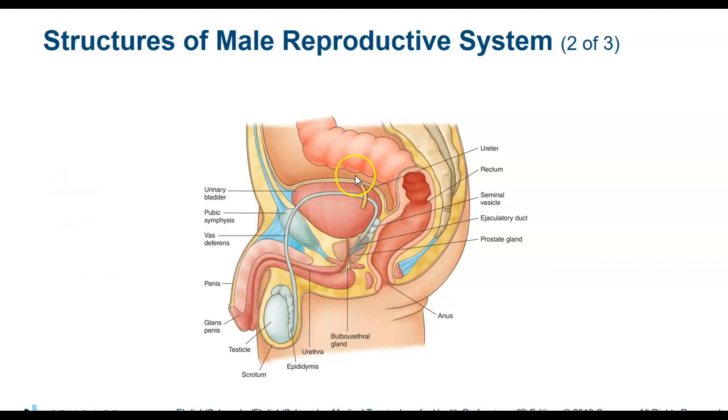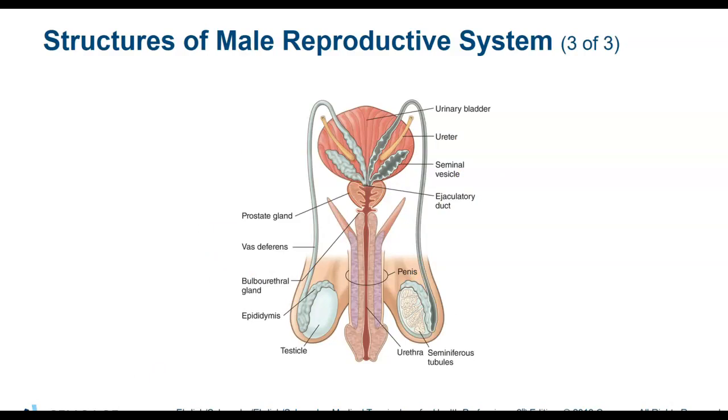We see the ureter here, and then we see the urethra that's going to the outside of the body. That urethra is shared between the urinary system and the male reproductive system. That is why for males, a urologist deals with male reproductive issues as well as urinary issues. We'll be talking about all these little things later.